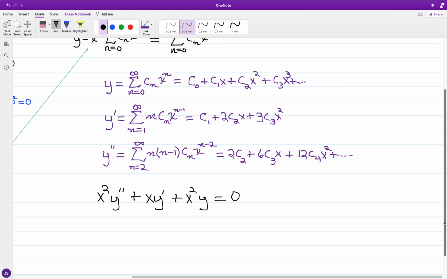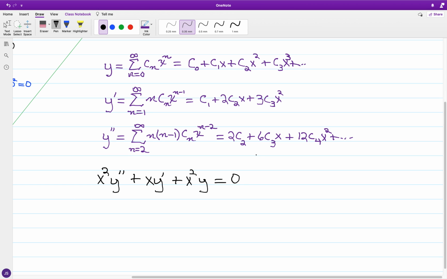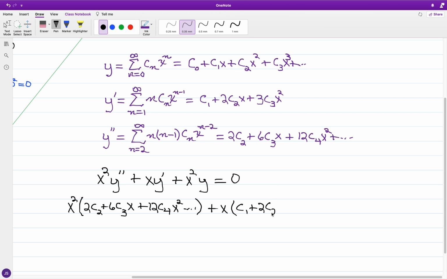If we substitute in the series terms, we have x squared times y double prime, and for x times y prime, I have c of 1 plus 2c2x plus 3c3x squared, and so on.